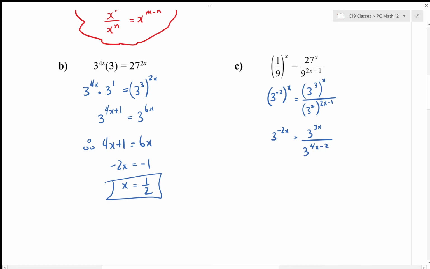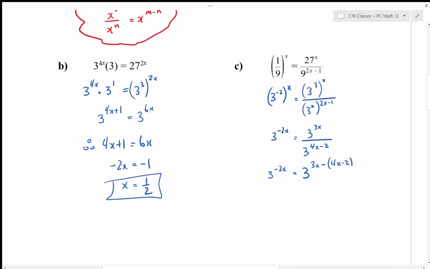All right. So my left-hand side is fine, but on my right-hand side I have a division. In division we have to subtract. So this is going to be 3 to the -2x, and then 3 to the 3x minus (4x minus 2).